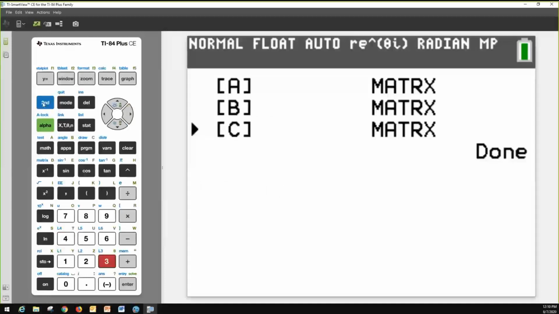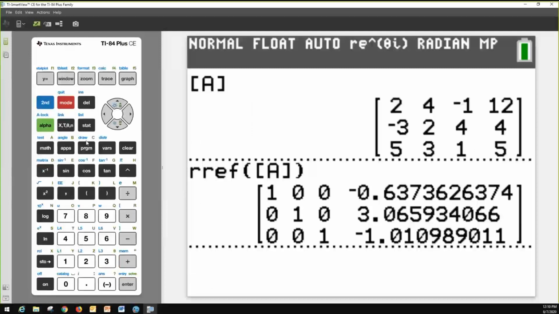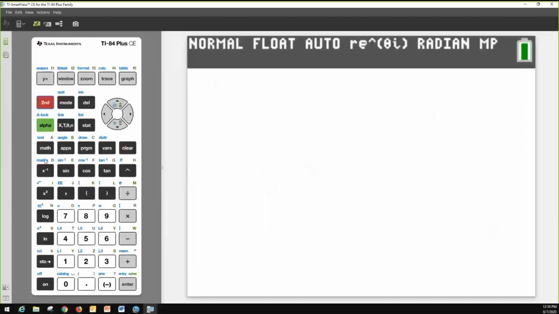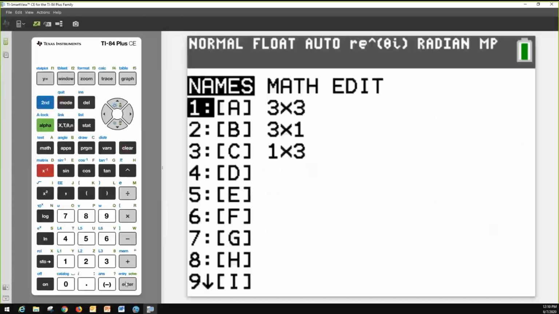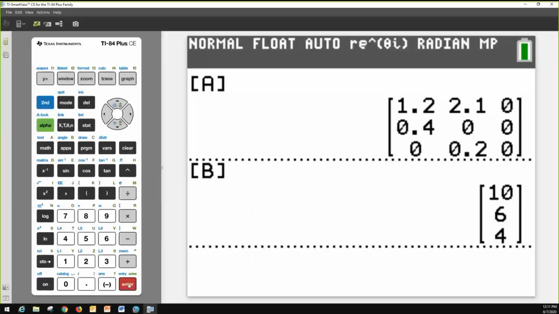So let's have a look at matrix A. Oh, I'm going to do it again. I almost forgot to clear it. There we go. So, matrix A, that's the Leslie matrix that we have. And matrix B, that's our initial population state.